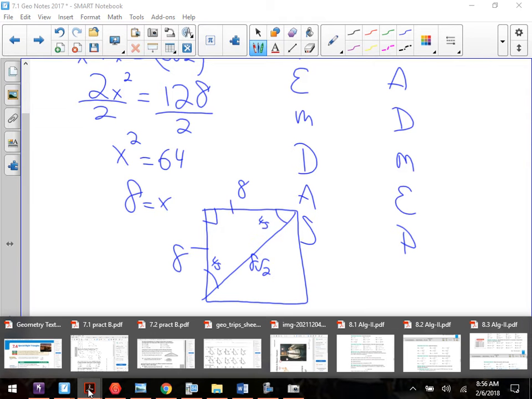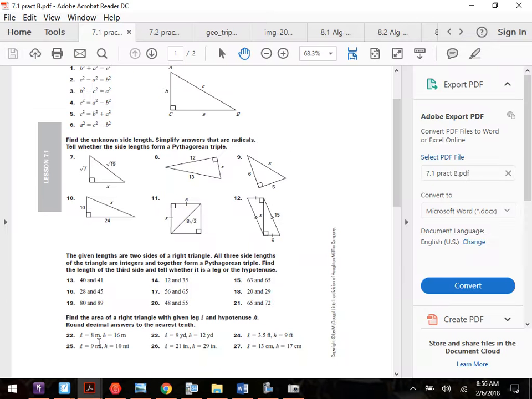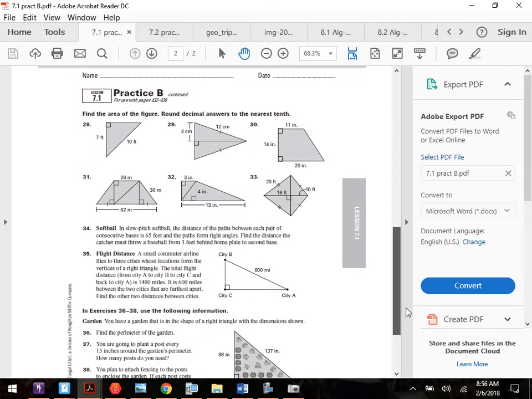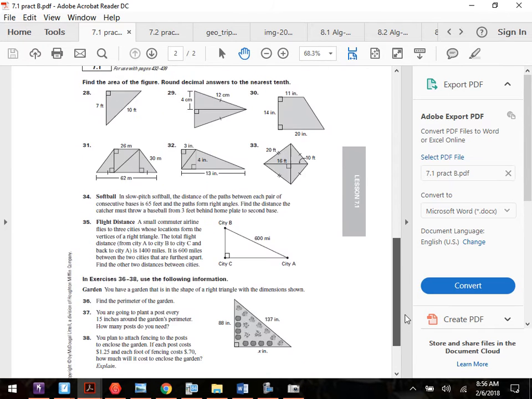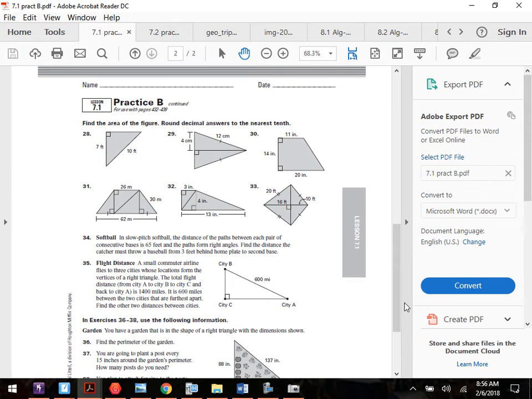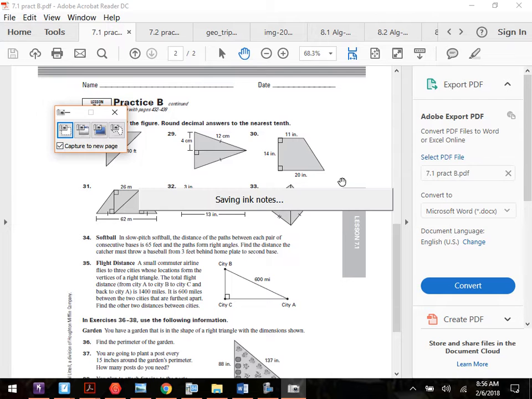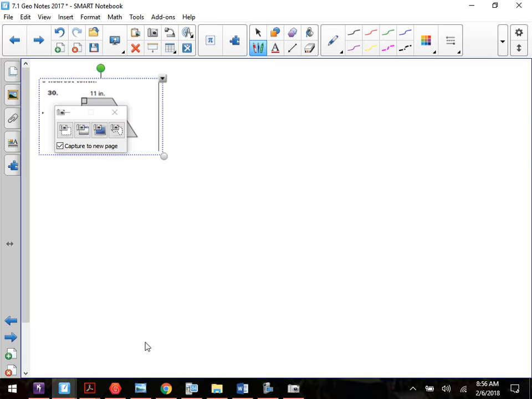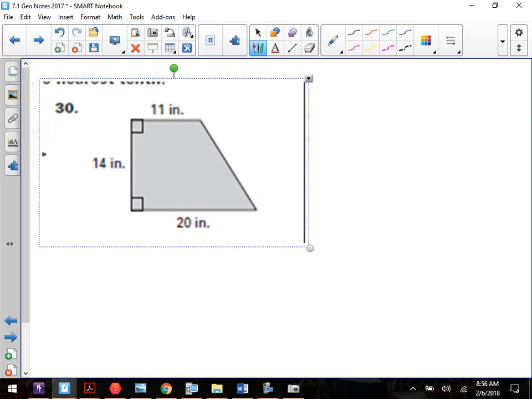Josh, you were talking about number 30, I believe. So go back through. Number 30 gives you a couple of different ideas of how to do it. Do you know what shape that is? Good.